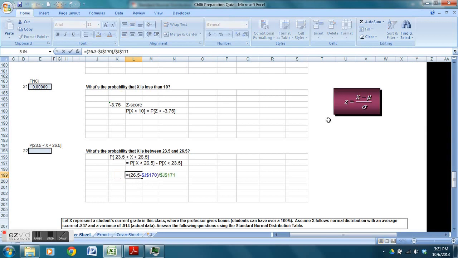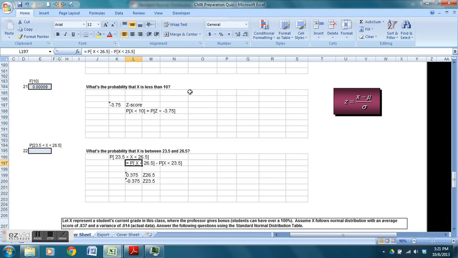And there we go, the z formula is the same: 26.5 minus the mean divided by the standard deviation. Now let's find z of 23.5. Same thing, change this to a 23.5. And there are our two z values.